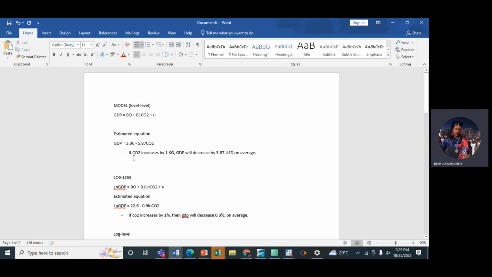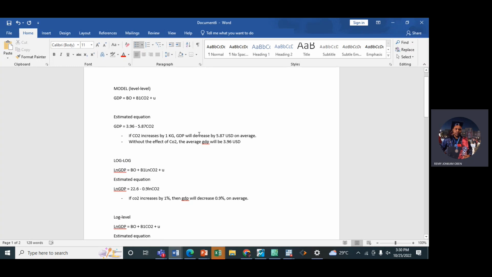So without the effect of carbon dioxide, the average, always use average, don't forget, the average GDP will be 3.96, and since it is level, we'll use units, US dollars. So that is how we interpret the constant, and please don't forget to use average.